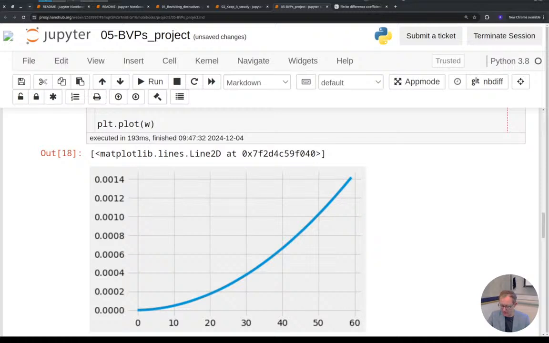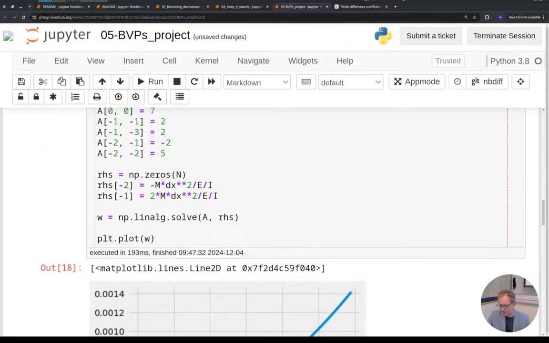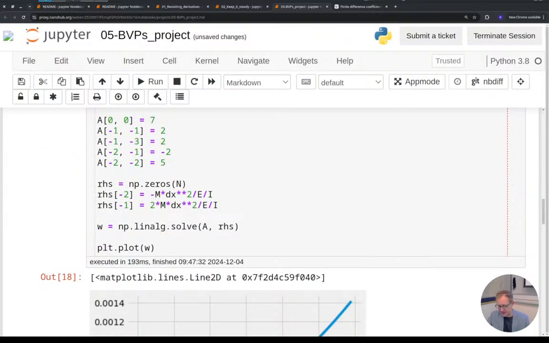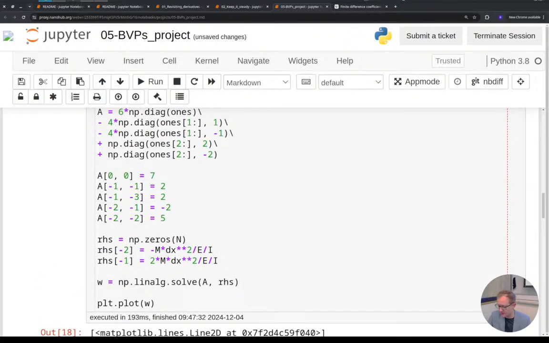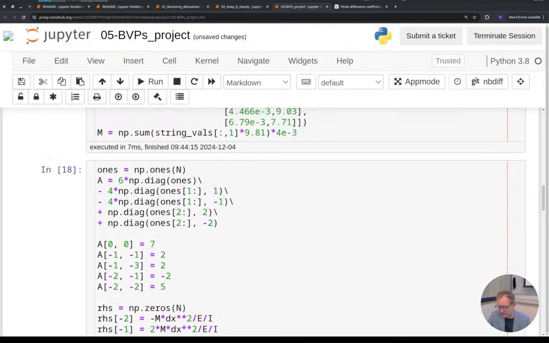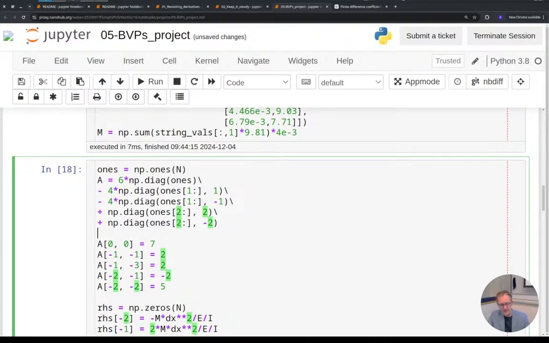So now whether we're using 6 or 60, it's the same setup for the code to work on that. Because we set up the same kind of symmetric matrix and then just replace the first 2 equations and the last 2 equations.